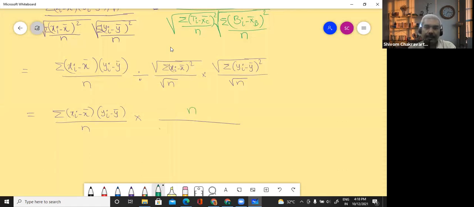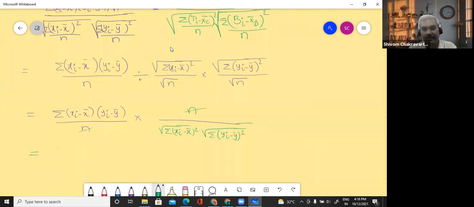And in the denominator it will be the square root of summation of xi minus x bar whole square, times the square root of summation of yi minus y bar whole square. So this n basically gets cancelled out. This is the simplification we can do here.